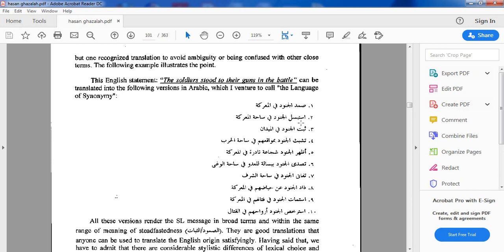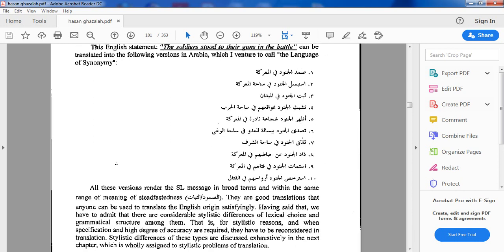Okay, we have all those translations. And actually the difference among those translations is just a matter of style. So all these are acceptable translations for the soldiers stood to their guns in the battle.